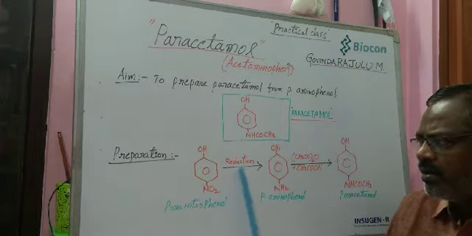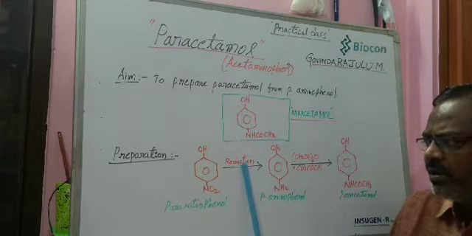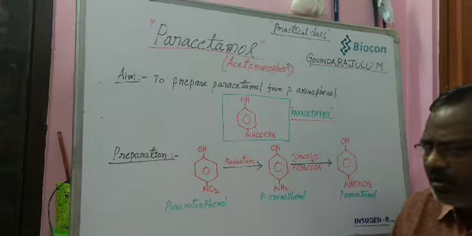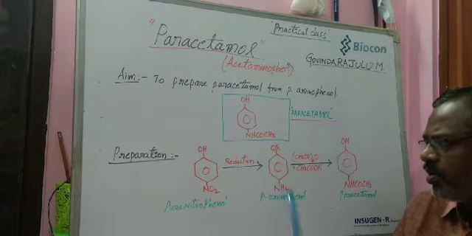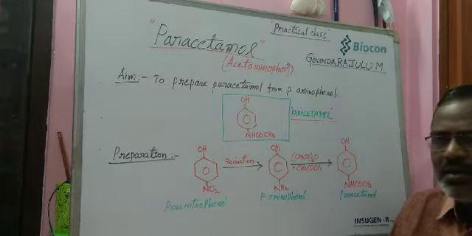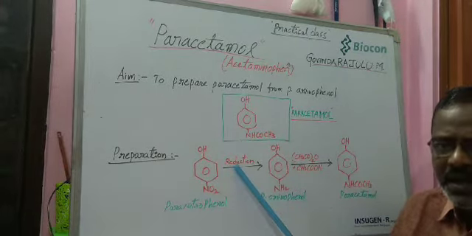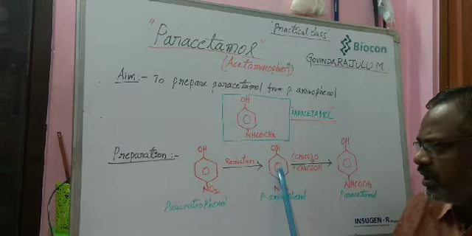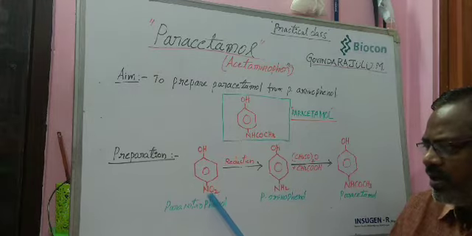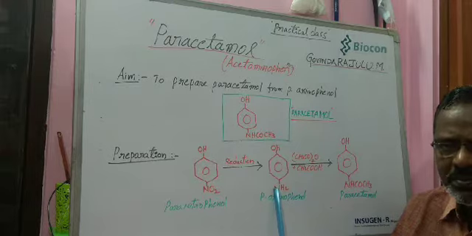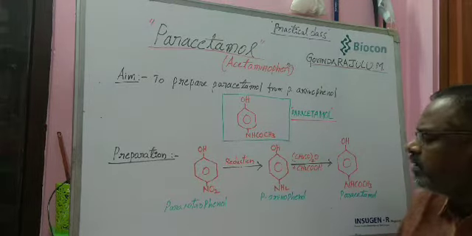Under reduction, para-nitrophenol gives para-aminophenol. In para-nitrophenol a nitro group is present, and in para-aminophenol an NH2 amino group is present.